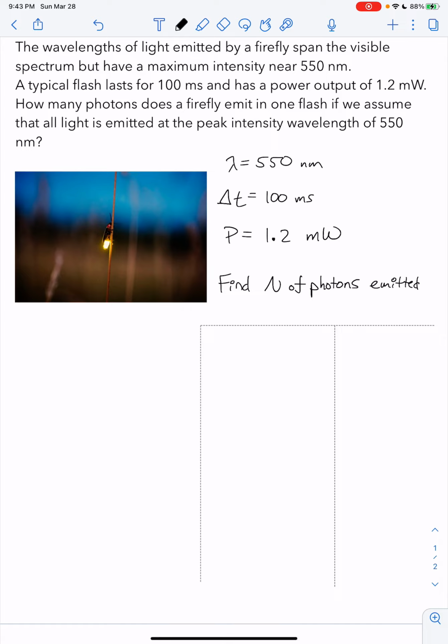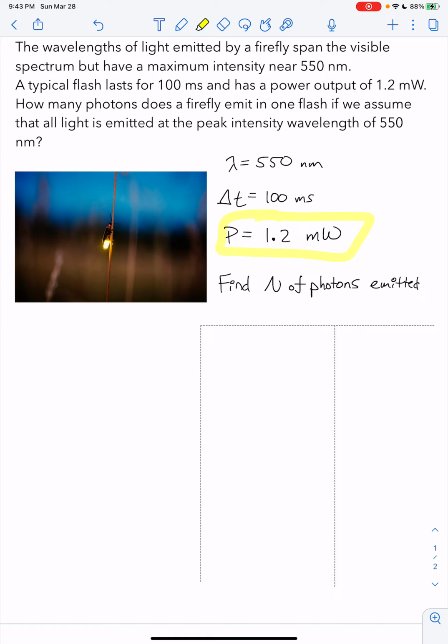So how are we going to do that? Well, we're going to start by recognizing that we've been given the power. And so the power is related to the energy and time.